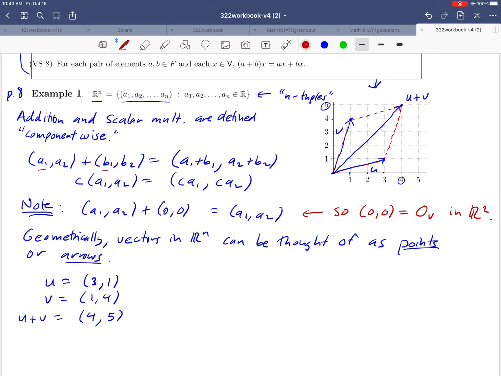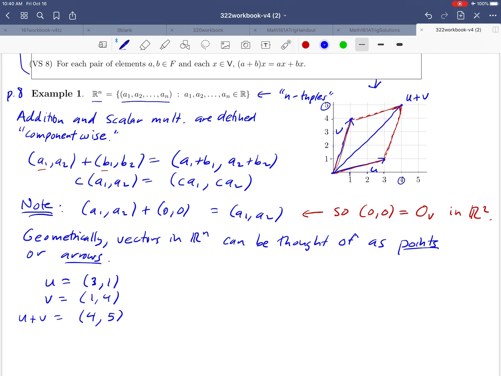And notice that u plus v is the diagonal of that parallelogram, if you look at the parallelogram that's formed by the outer edges here. Okay, and there's a name for this. I don't remember exactly what it's called, but it's a nice way of representing visually vector addition in R2.